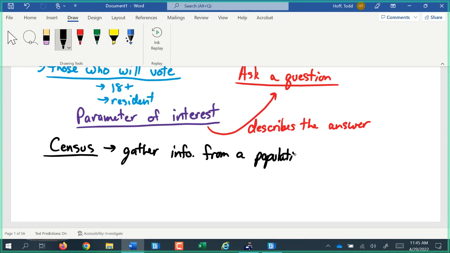As I said, the United States attempts to do this every 10 years. We've never been fully successful because you can't get every person in the United States to answer that census, which is really what it's attempting to do, to count every person in the United States and then get information about their ethnicity, their age, and other things that's important to the government providing services for those people.